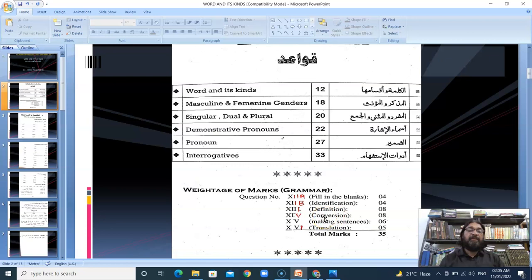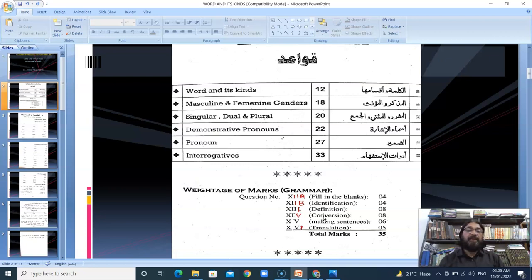Then after, bit number 14, conversion. It is the section which will be asked from Al-Kalimatu wa Aqsamuha. Whatever words will be given, you have to remove the alif lam.